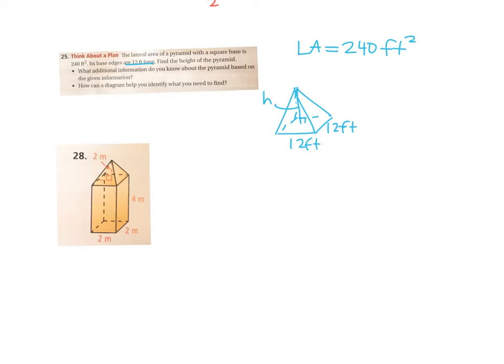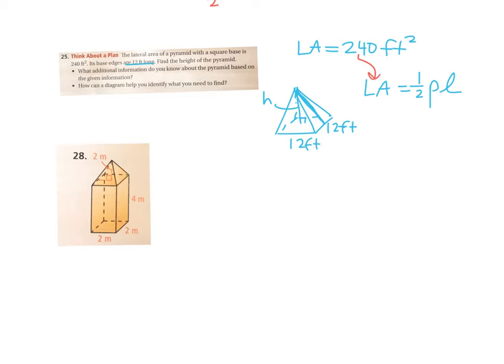And they told us the lateral area. So lateral area for a pyramid is this formula, 1/2 times the perimeter of the base times the slant height. So what we're going to do is start by finding the slant height. We're going to find this one first, because if we can do that, then we can find what the actual height is. So this one takes a little bit of plugging and chugging here.